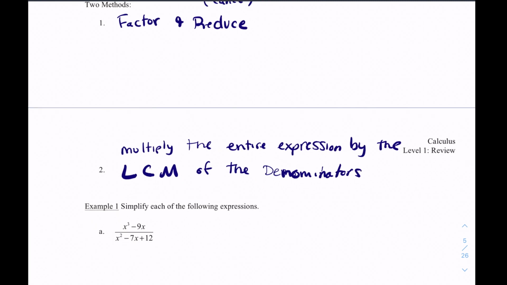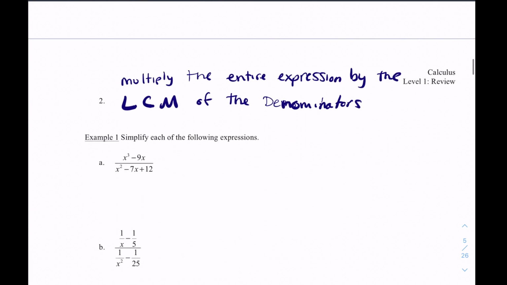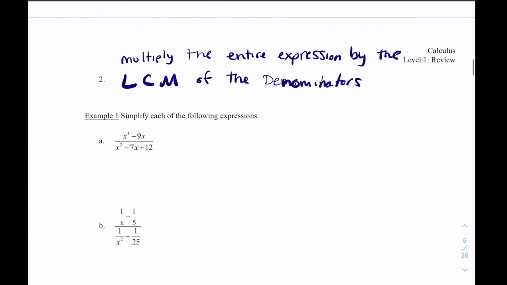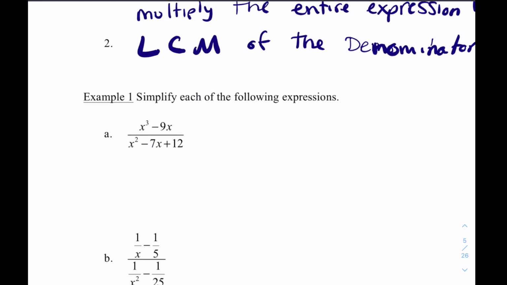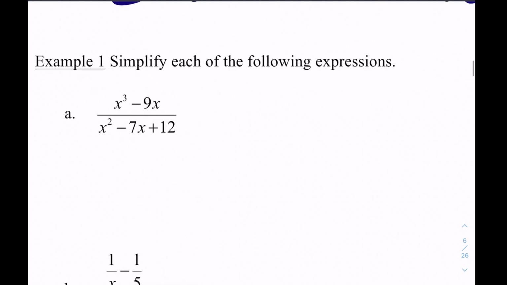So let's see what this means. The first one will be factoring, simplifying. The second one you can see is fractions over fractions, and we'll have to do multiplying by the least common multiple. So gladly, if you want, pause the video, try these problems out, and then watch to see if you did it right.